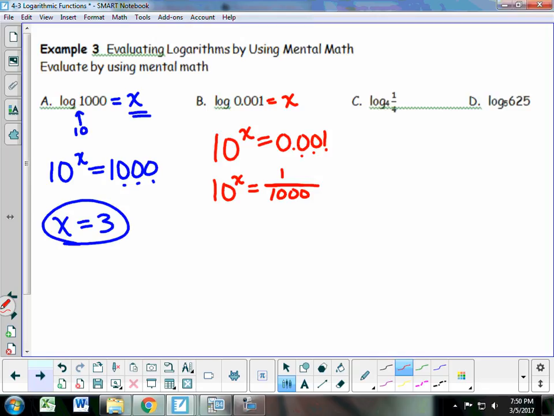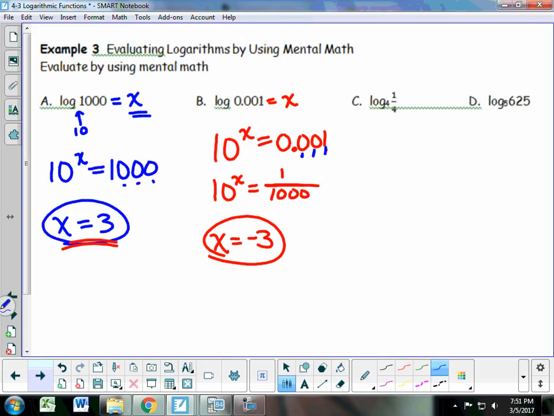And well, how do you get 1,000? Well, that's the third power, so x would be equal to -3. Because 10 to the third, as we saw before, is 1,000. Since it's 1/1,000, that must be a negative exponent. All right, and the way I remember how we do these, this is tenths place, hundredths place, thousandths place. That's how I converted it into the fraction.